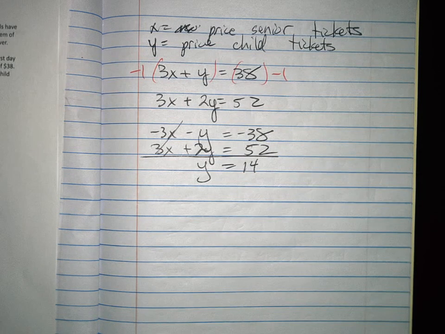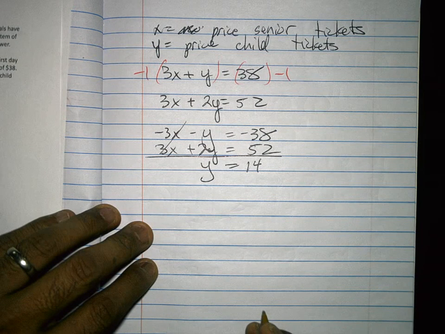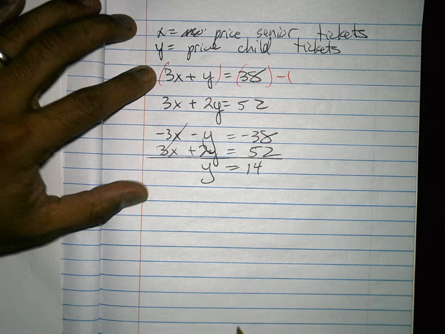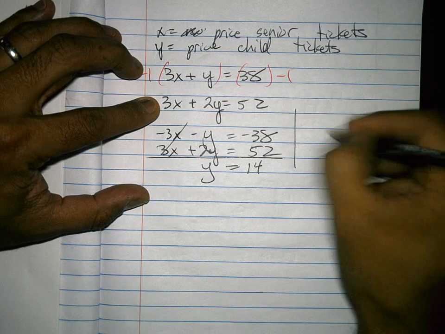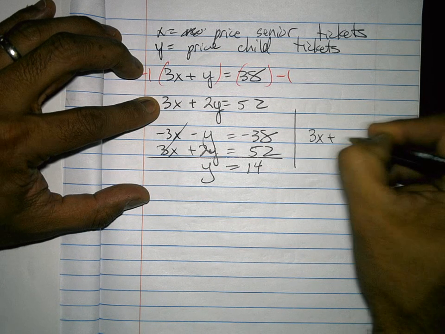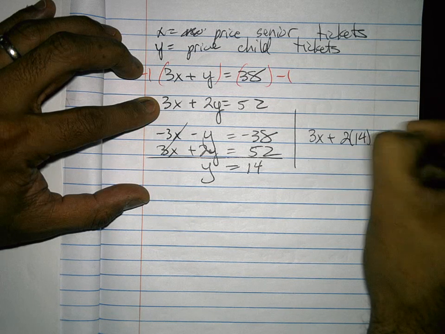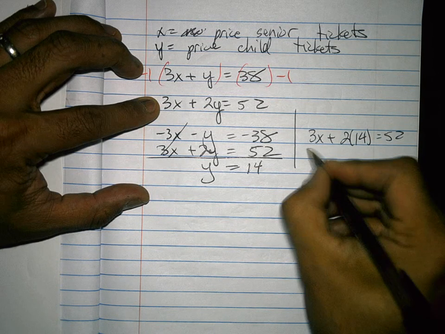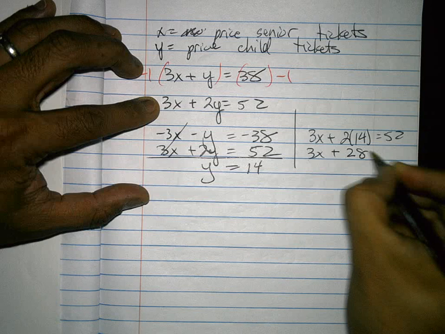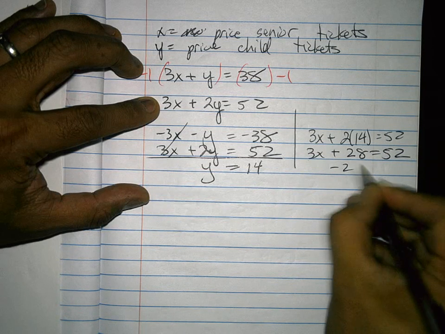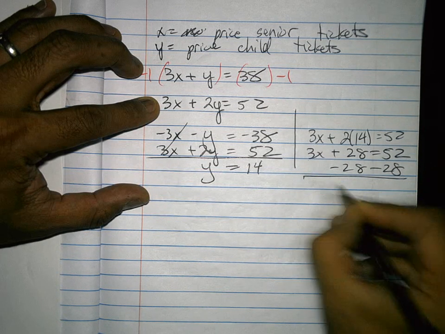Okay. So now I'll go back and plug in. I'll plug in right here. So we're going to say 3x plus 2 times 14 equals 52. And I'm going to find x right now, which will give me the price of a senior ticket.